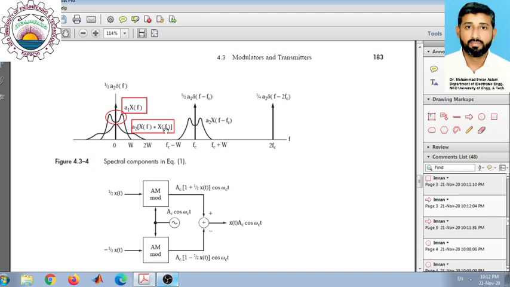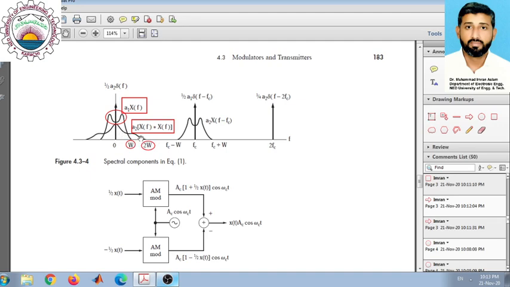Although convolution is not our topic, I quickly want to point out that when we convolve a signal with itself, the spectrum would become double. Initially the spectrum width was up to w, but when you convolve it with the signal itself, the spectral width will become 2w.